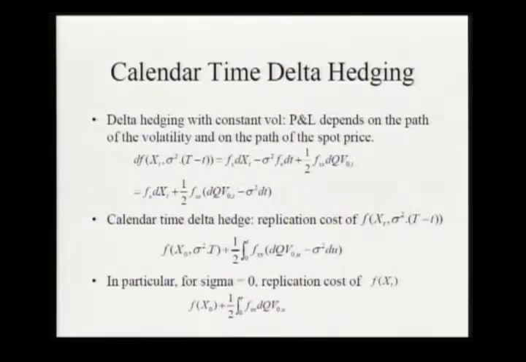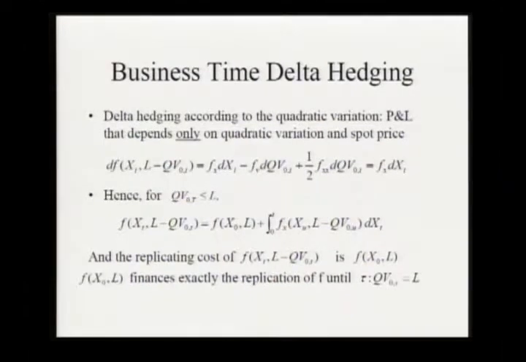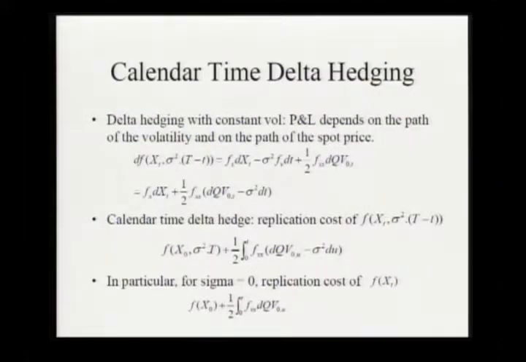So this is just a review of the classical delta hedge: when the volatility does not behave as expected, so it's not constant, you have a tracking error term, which is like this, and which is highly path dependent.